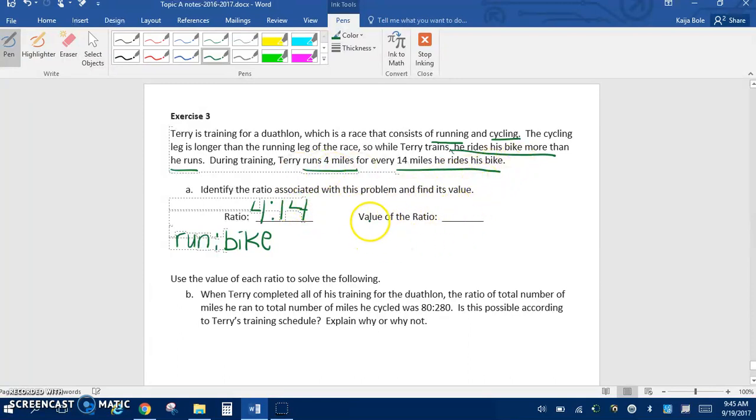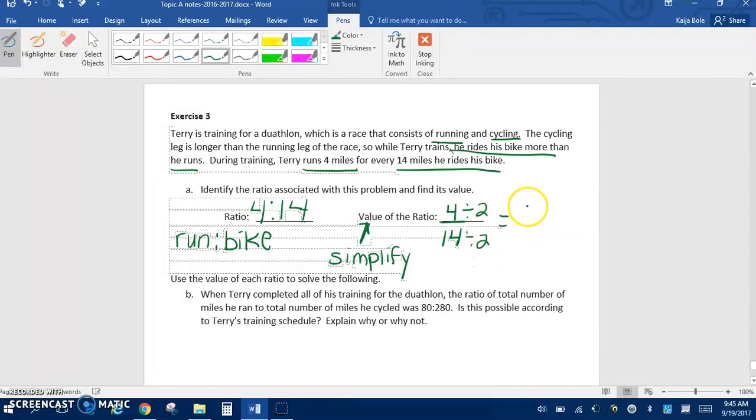Alright, so now the value of the ratio, again, value means to simplify. Don't know why all these lines are popping up. So then we're going to write it as a fraction first, so 4 over 14. We can divide both of those by 2. So our value would be 2 to 7, and this is our final answer here.